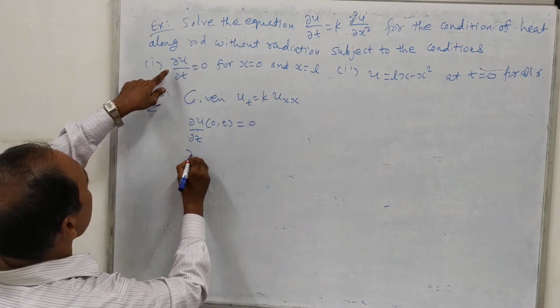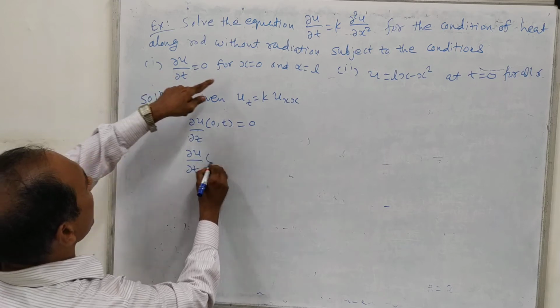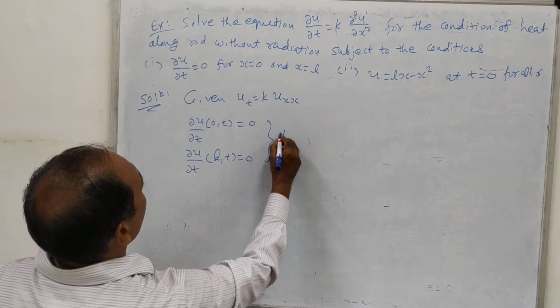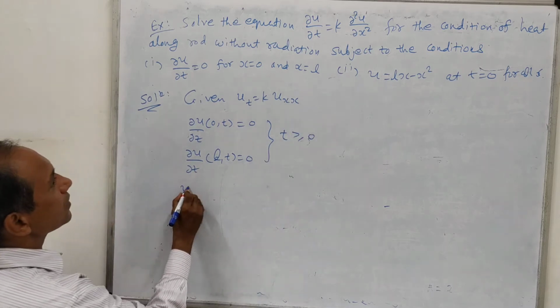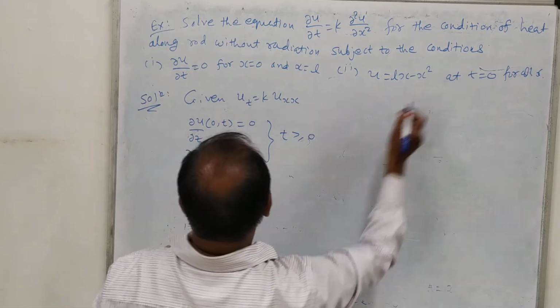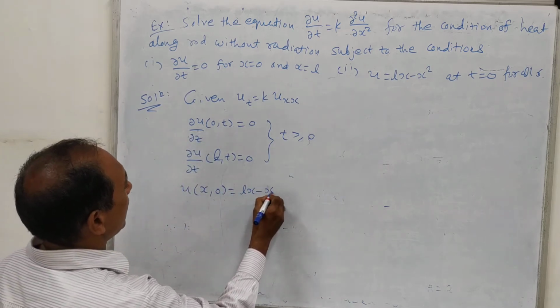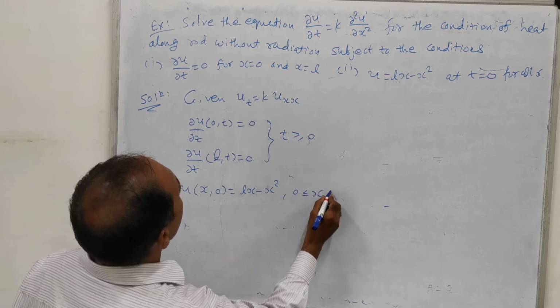The second condition is del u by del t for x equal to L at any time t, again given as 0 for all time t greater than 0. And the third condition is at t equal to 0 for all x, that means u x comma 0 equal to Lx minus x square for 0 less than or equal to x less than or equal to L.